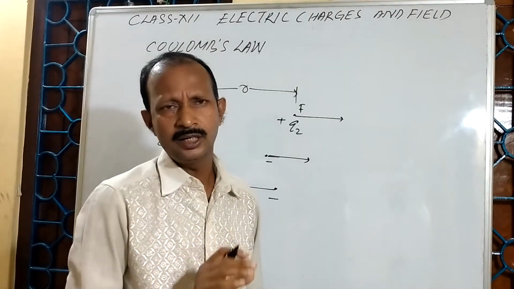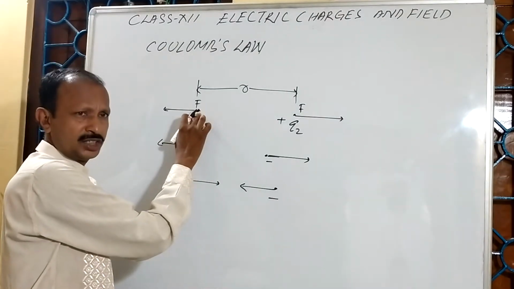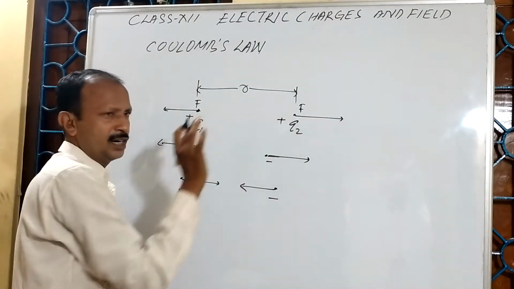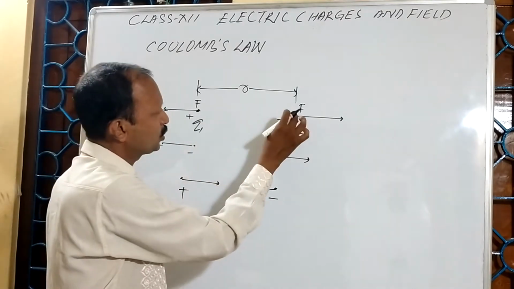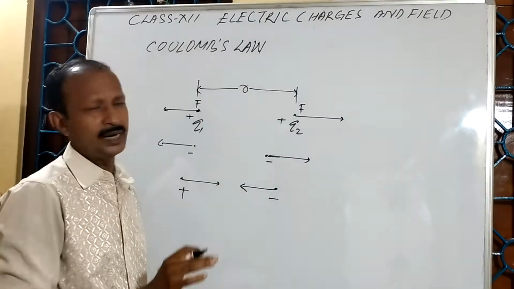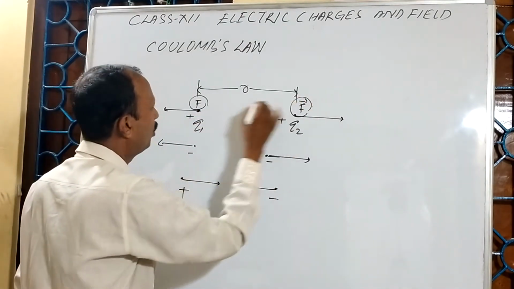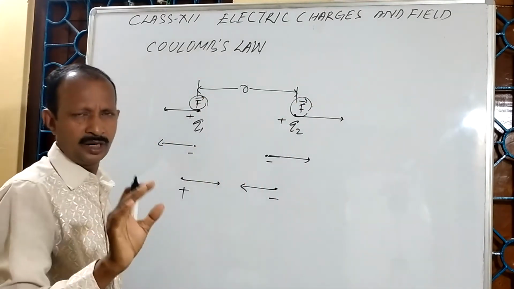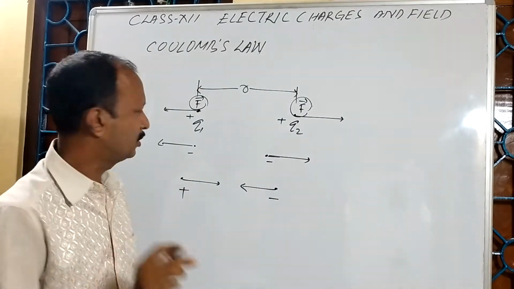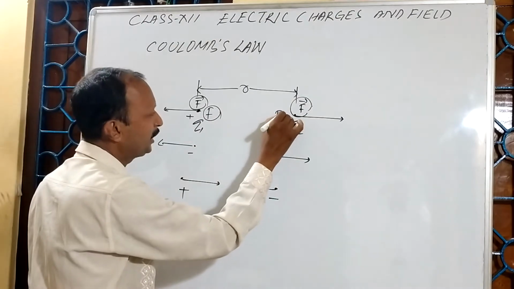It may be different, it does not matter. Whatever force acts on this charge by this charged particle, the same force will act on this charged particle by the other. That's why at both places I have taken the force as F. I know that force is a vector quantity, but I am discussing only the magnitude.